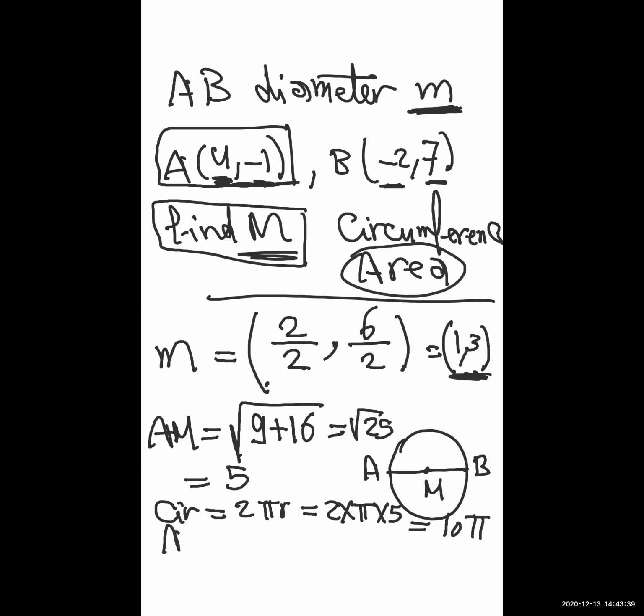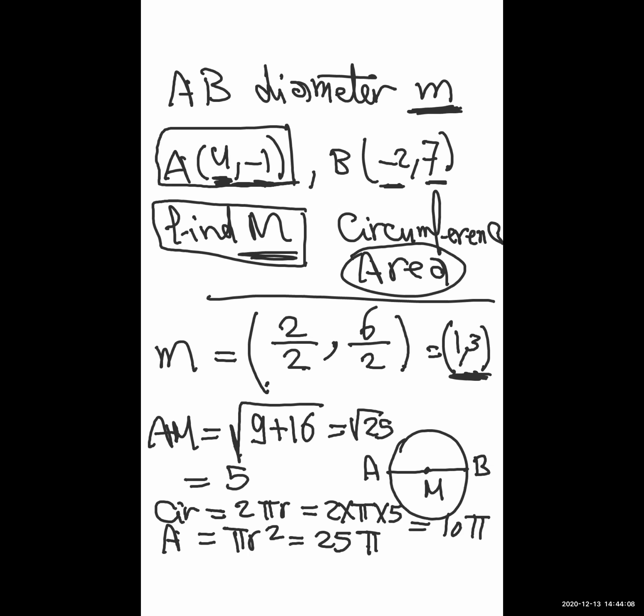Area will equal πr squared, and r squared means 25 because r equals 5. So the area is 25π. Of course, the circumference is in centimeters, or to be more accurate, length units, and the area will be in square units. So this question is clear now?